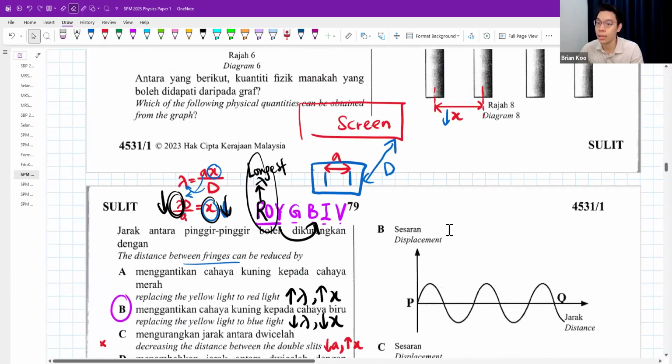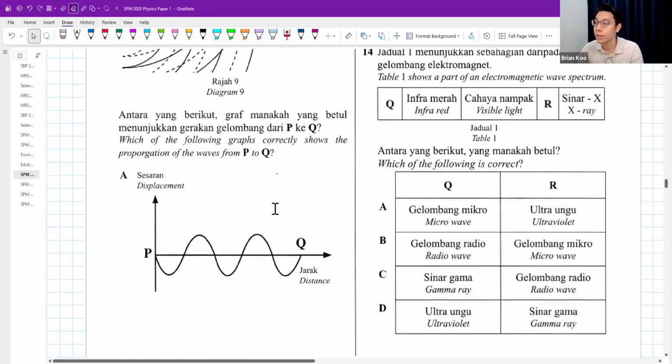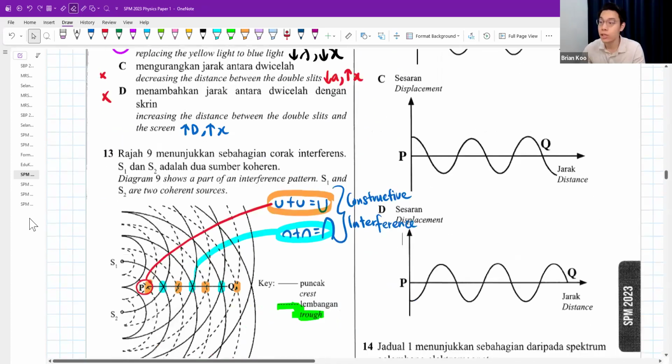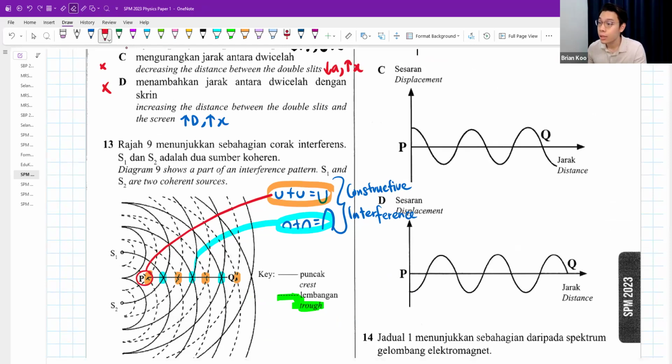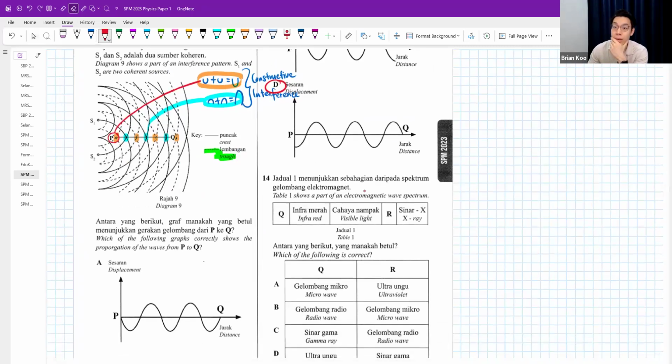I think the answer is D. Answer to number 13 should be D, because D is the only answer where it starts with dotted line and dotted line. It starts with a very low point, right?